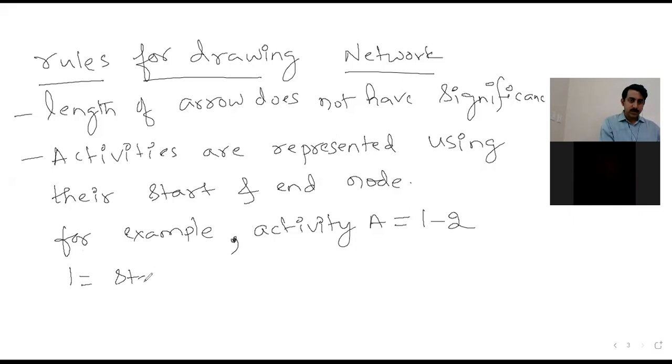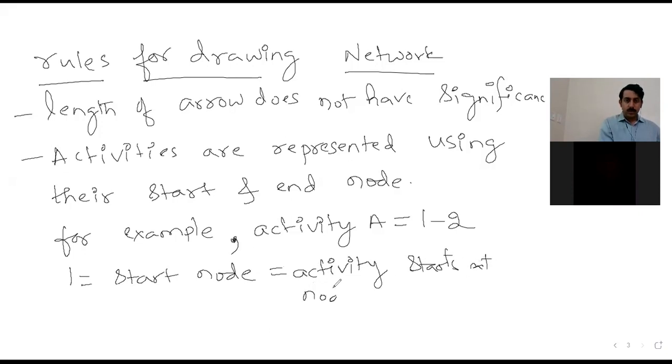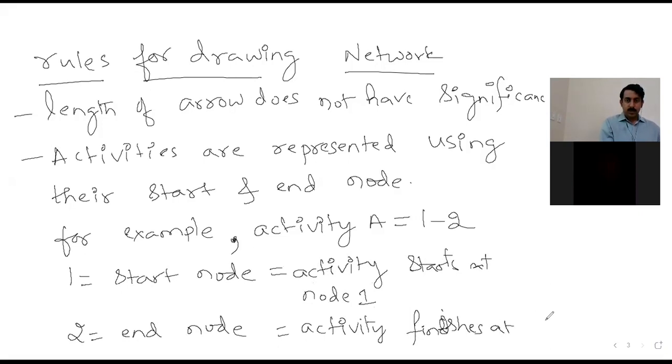One is the start, which means the activity starts at node 1. Two is the ending node, so the activity finishes at node 2.